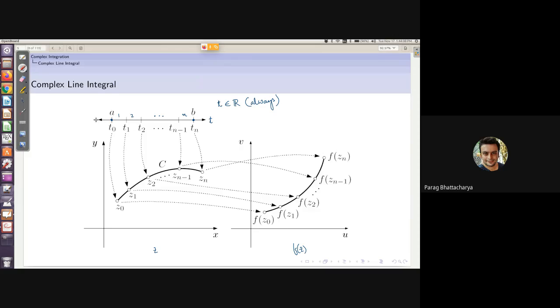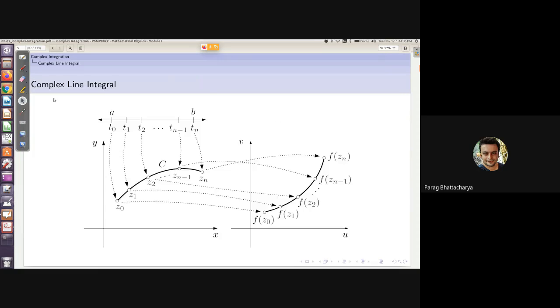You are changing only this parameter, t. When you change t, accordingly z changes, and when z changes, the value of the function also changes. Fine. So this is what we mean by parameterization of the independent variable of a function.